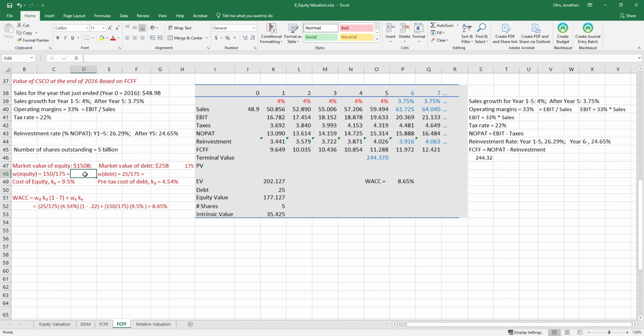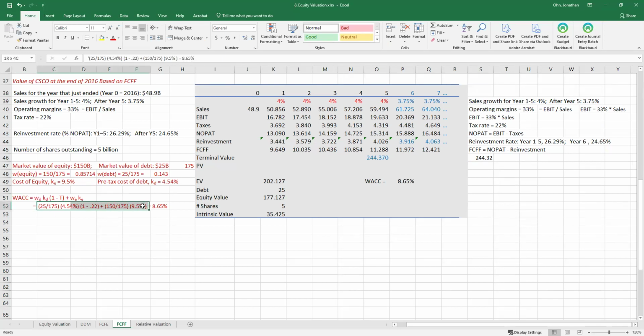The total is 175. 150 divided by 175 is the weight of equity, which is 85.7%. And the debt weight is 25 divided by 175, which is 14.3%. The cost of equity is given. So you have to calculate the weighted average cost of capital here.